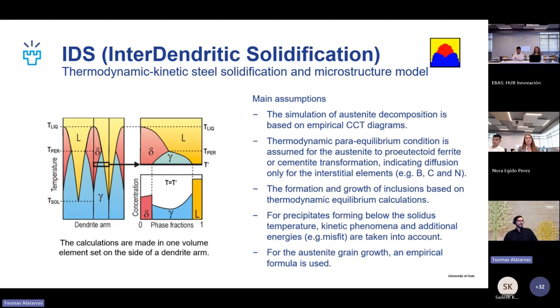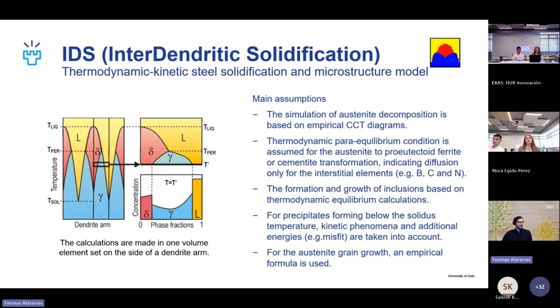Okay, so if we move to the tools that we are using, the most important one is the IDS software. The abbreviation comes from the name interdendritic solidification, and as you can see in the figure, the calculations are carried out in a volume element of half a dendrite arm, so to say.